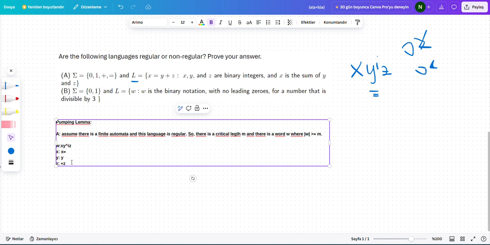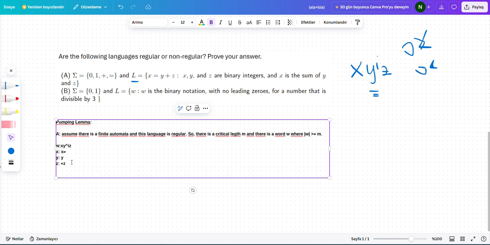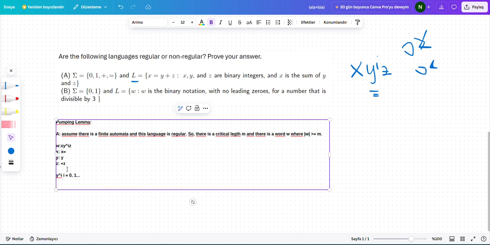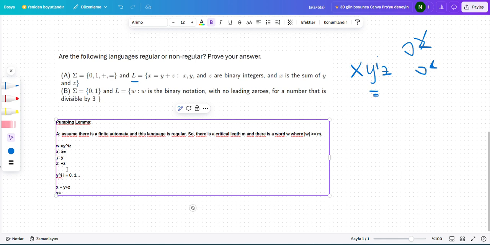In this way, for y to the power of i, we check i equals 0 or 1, etc. We need to check these points, and it becomes x equals y plus z, x equals y squared plus z, and it continues like that.